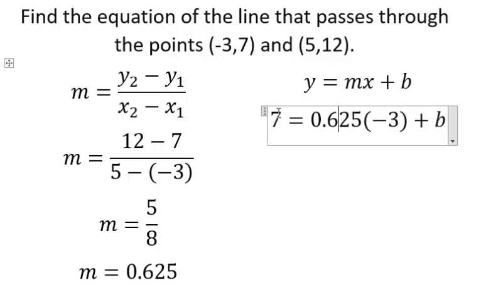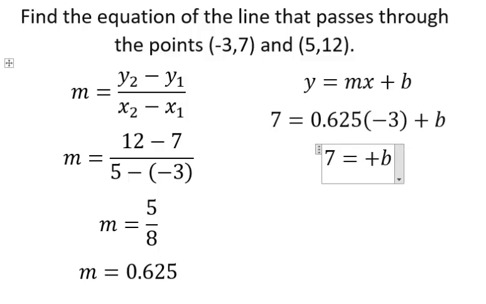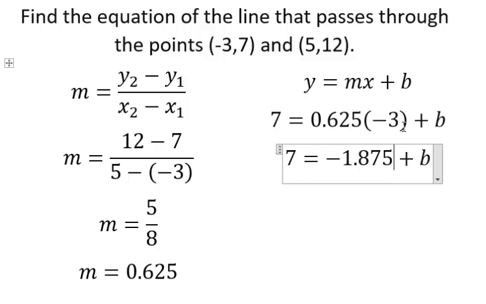So I'm going to multiply 0.625 with negative 3. 0.625 times minus 3 will be negative 1.875. So this thing will be negative 1.875. Because it's negative, I can move it to the other side and it will be positive.